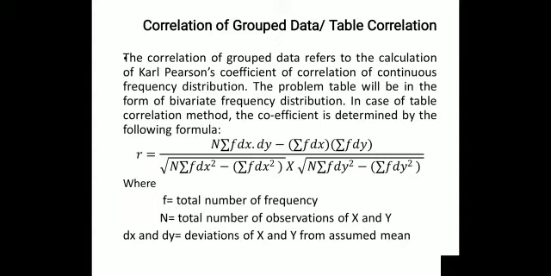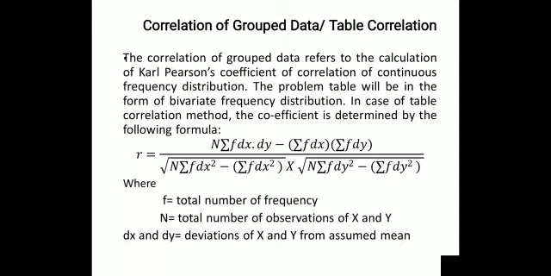In this table of correlation method, the coefficient is determined by a different formula, that is similar to the previous assumed mean formula, but we will be including frequencies in each of the concepts that we have used in the formula.